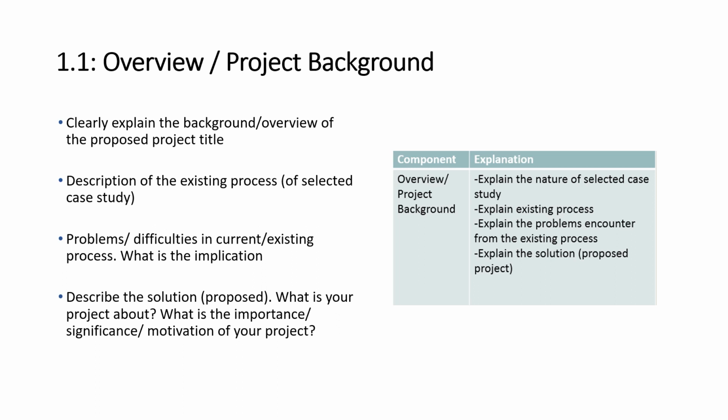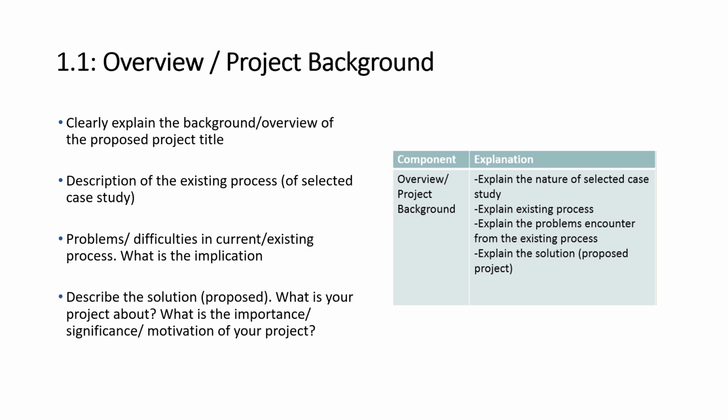You can start the overview by following this guide. You need to have at least a minimum of 4 paragraphs. The first paragraph explains the nature of the selected case study. If your case study is about agriculture, you need to explain about agriculture.